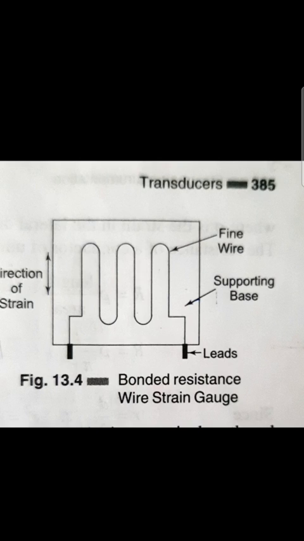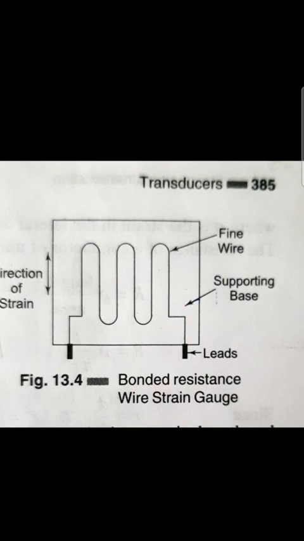The grid of the wire is cemented on the carrier, which may be thin paper, bakelite or Teflon sheets. The wire is covered on the top with a thin material, so that it is not damaged mechanically.